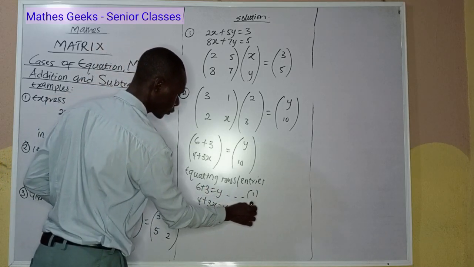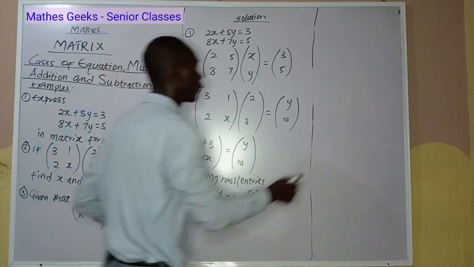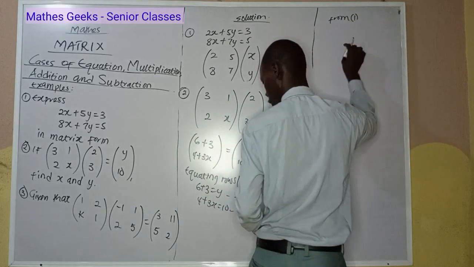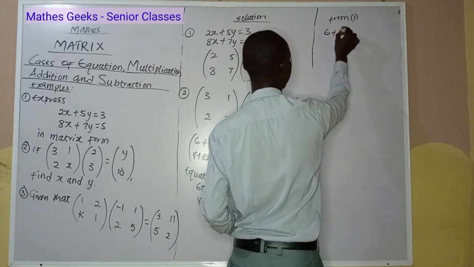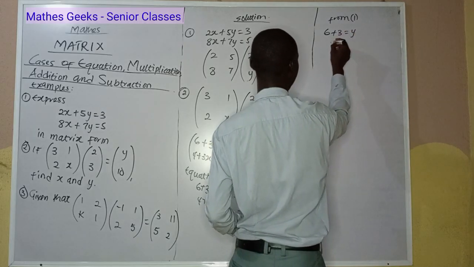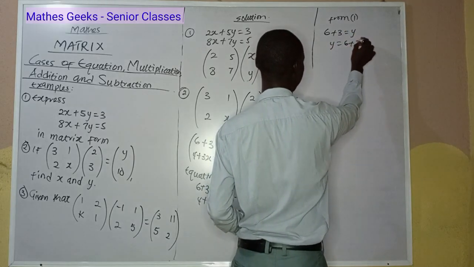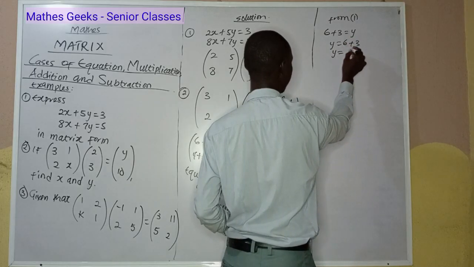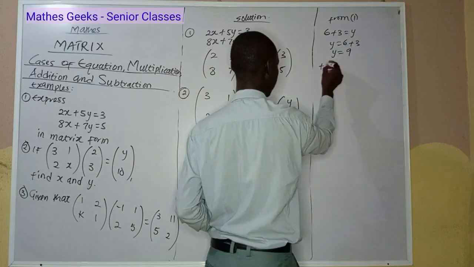Equation 1. Equation 2. So from 1, 6 plus 3 is equal to y. y is equal to 6 plus 3. y is equal to 9.